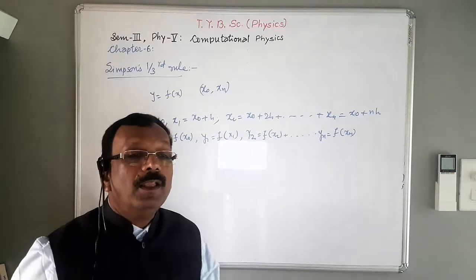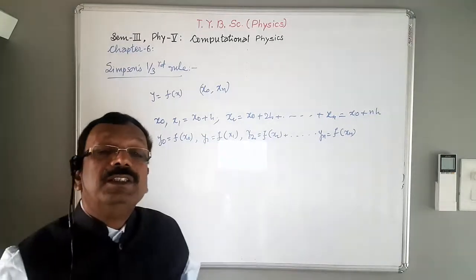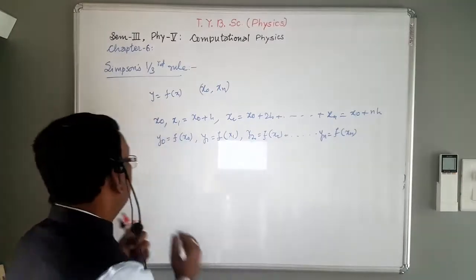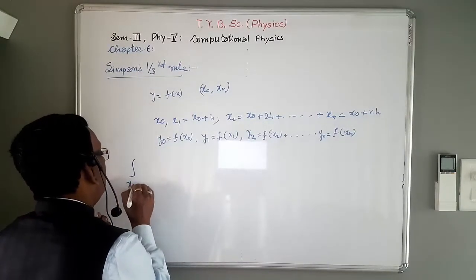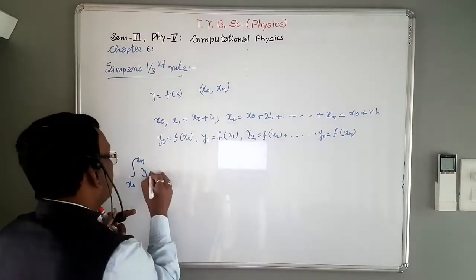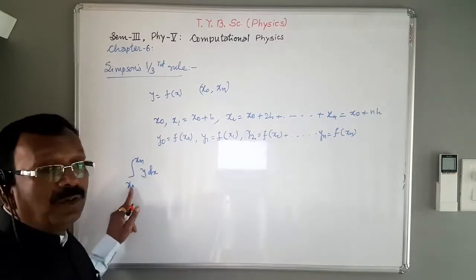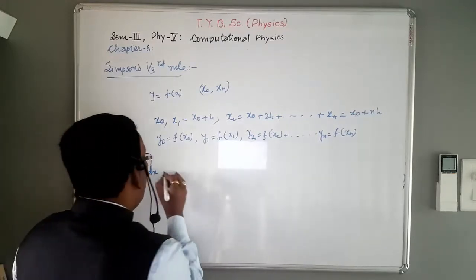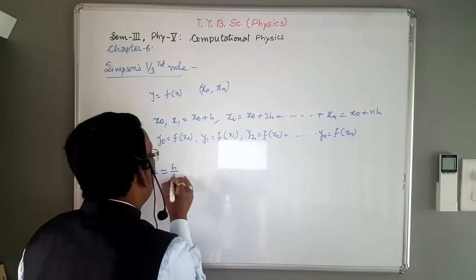Now using Simpson's 1/3 rule, we can find the value of the integration from x0 to xn of f of x dx. Here x0 is the lower limit and xn is the upper limit. The formula is very simple, h by 3.